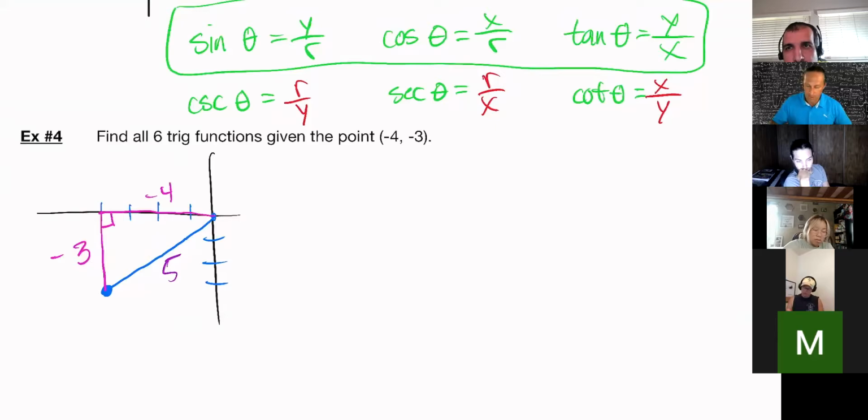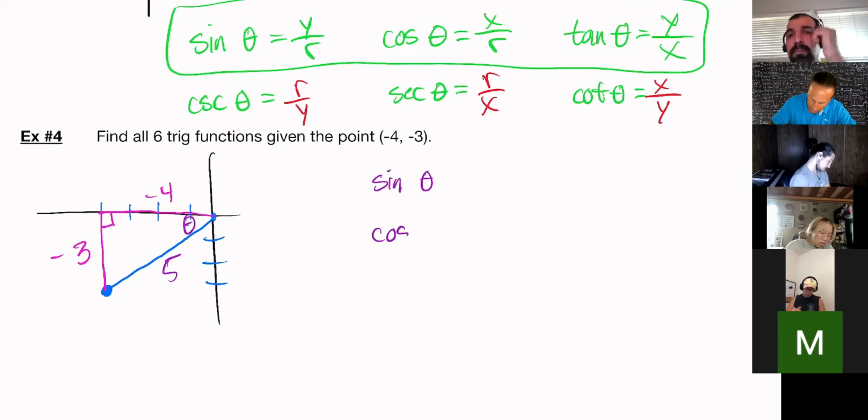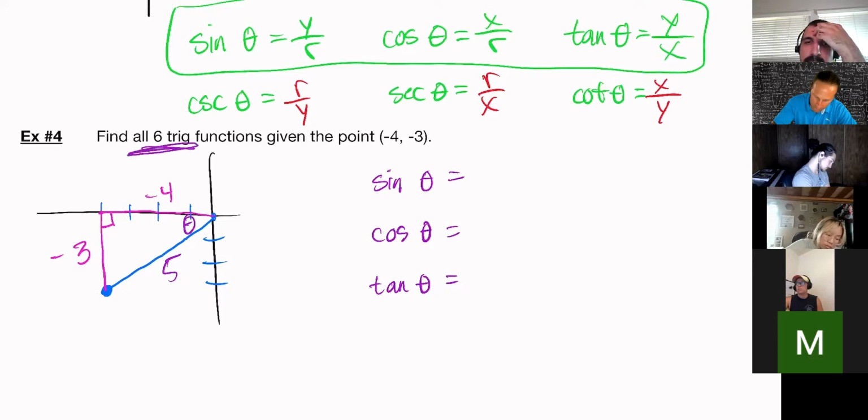Okay. So if you can tell me very quickly what the sine of that angle theta is, what the cosine of that angle theta is, and what the tangent, even though they asked for all 6, we're pretty much going to be done, aren't we? Yeah.